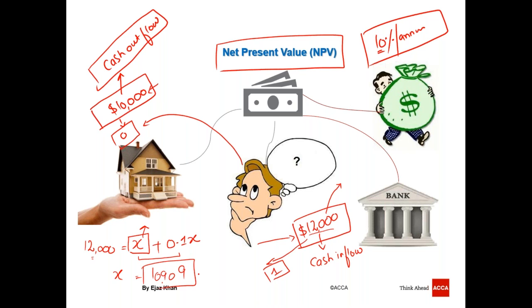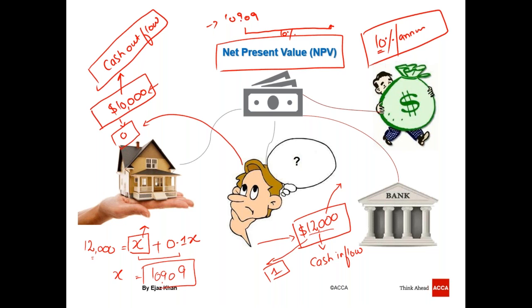This means that this company needs to invest a maximum of 10909 if it really wants to recover its amount invested and 10% of the amount invested. So if it invests 10909 today, after year one, it will have to return the amount invested to the investors and the 10% return.